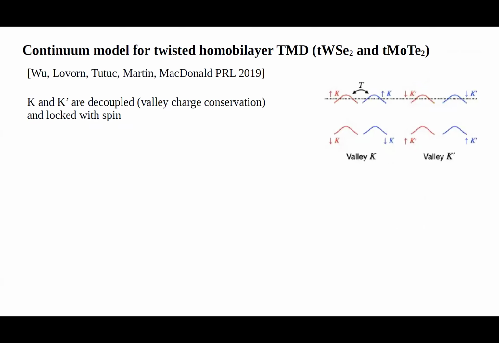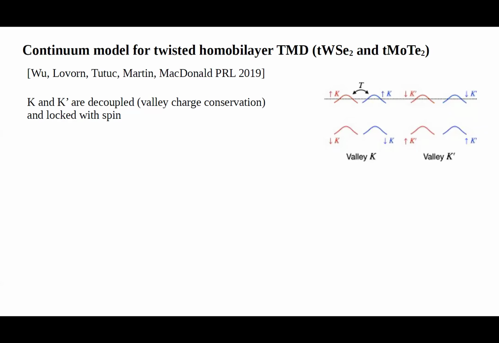Another continuum model was built for twisted TMDs, also by MacDonald and collaborators. This is a schematic picture of where it comes from. You're considering your parabolic bands, and there's going to be some interlayer tunneling.